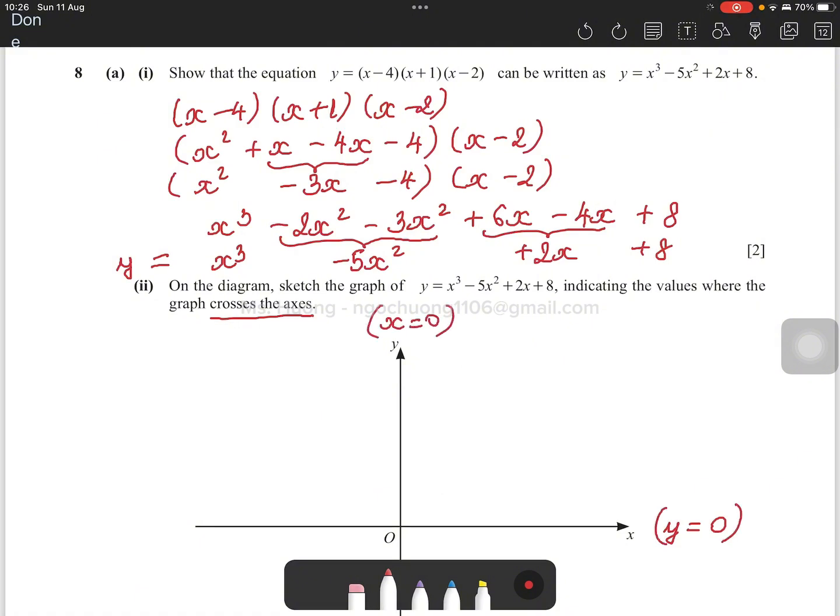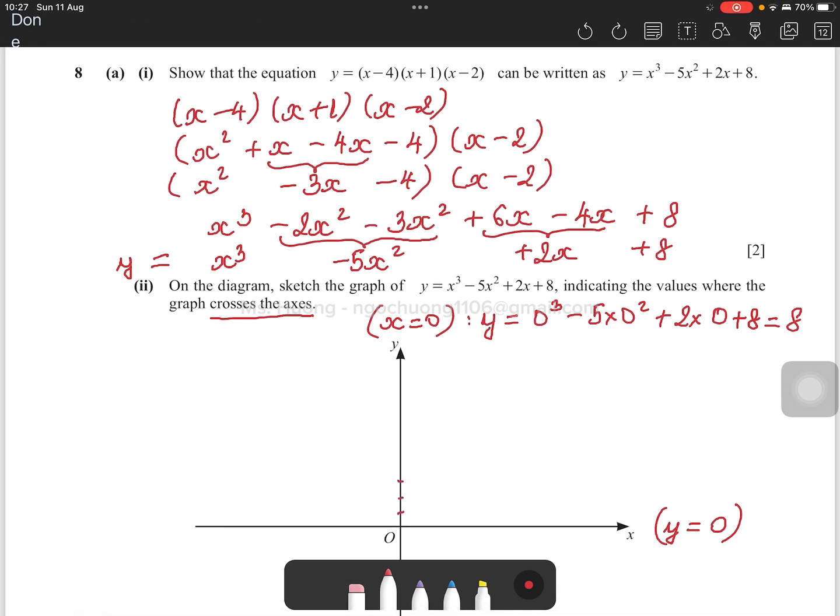So we'll substitute x equals 0 and y equals 0 into the equation. When x equals 0, y is equal to 0 cubed minus 5 times 0 squared plus 2 times 0 plus 8. And the answer is 8. So it crosses the y-axis at the point (0, 8).